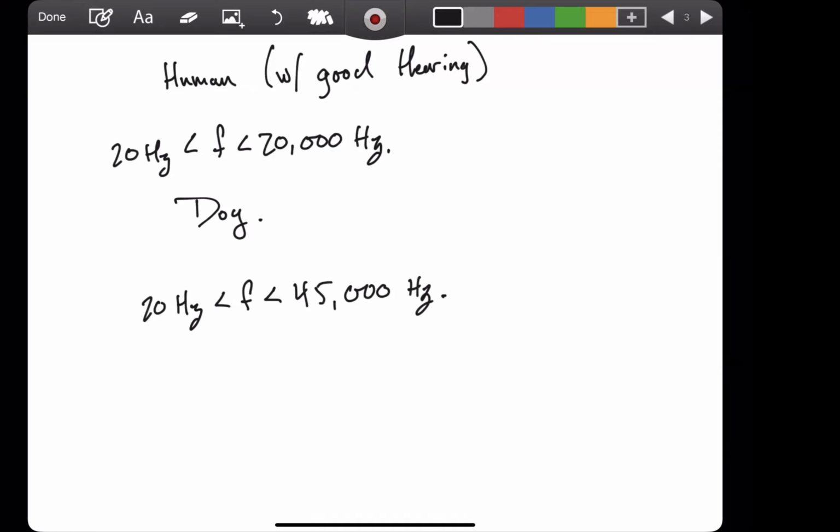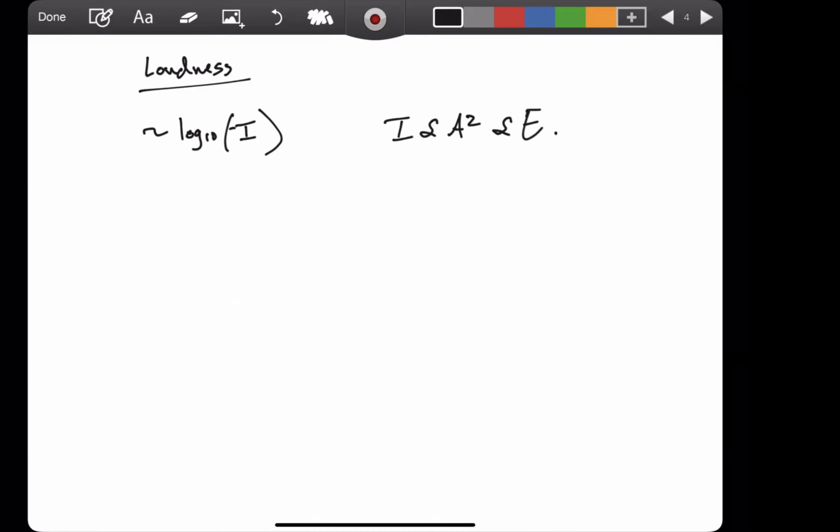So now let's talk about how loud we hear sound. Our perception of sound loudness goes roughly as the logarithm in base 10 of the intensity. The intensity of the wave is proportional to the amplitude squared, which is proportional to the energy.